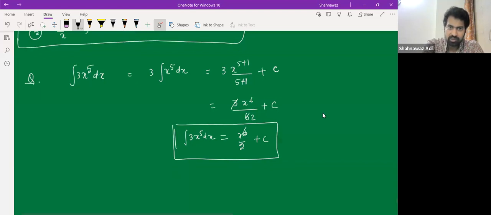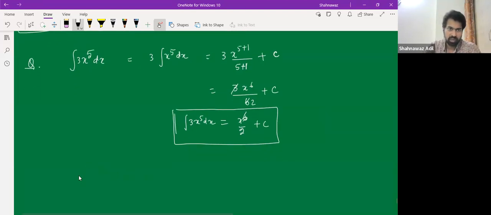Okay, and what about the integration of x to the power half? What would that be?